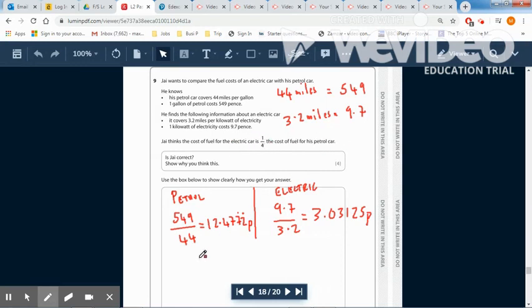So we can write this as a fraction, and we'll just put this into our calculator. 3.03125 divided by 12.4772, and those are both recurring. So you can put that into a scientific calculator.